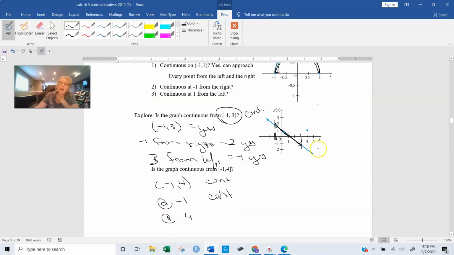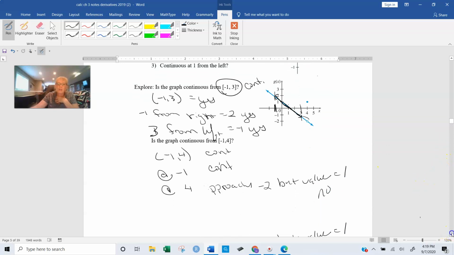The value is not continuous because it approaches -2, but the value at 4 is 1. So the answer is no. So this one is discontinuous on that section.